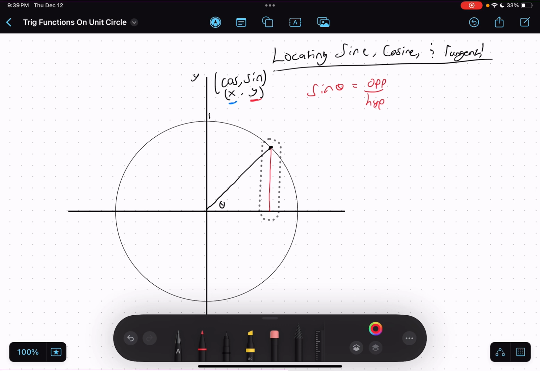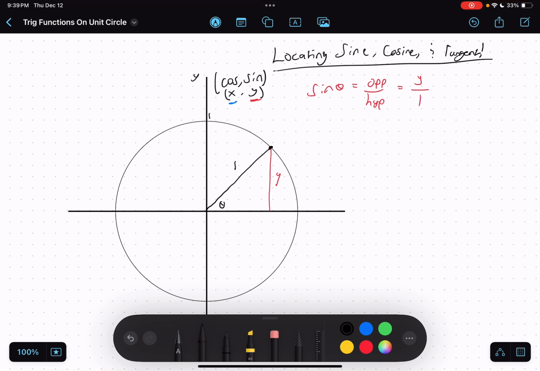So even though I don't know the exact value of that red line, I do at least know that it is a component of y. So I can just plug that information in and say, well, the opposite is y, and the hypotenuse is 1.